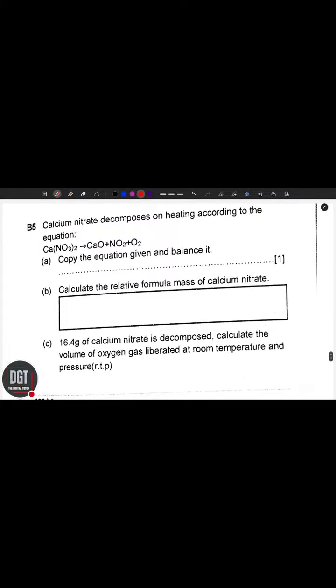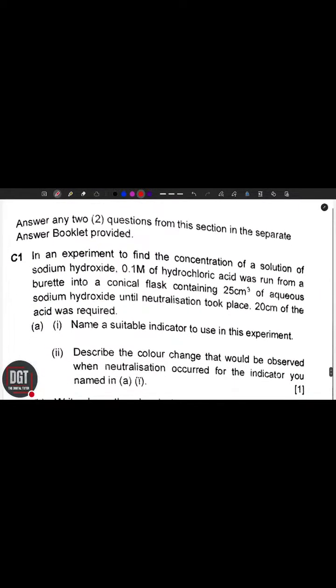Okay, so this one, I think I should leave 2 questions because these are just common things that we've done. So look at the question. After some time, I'll be able to flash it or to move to the other question that you have to answer. So this one, answer this question. And also this question.